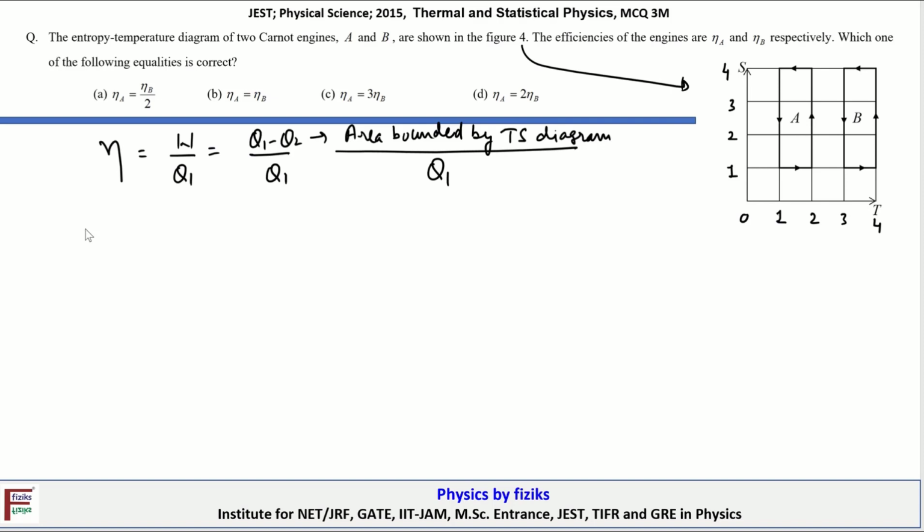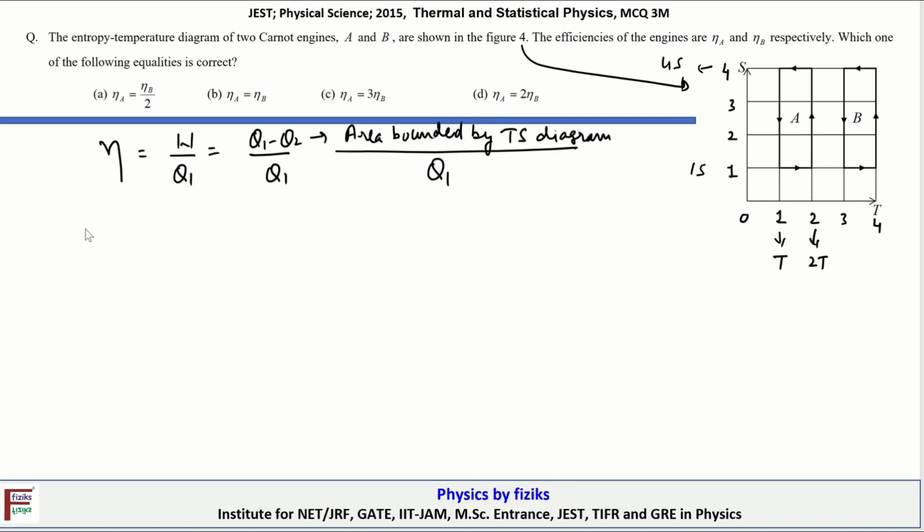So here if we just take a look at the TS diagram for the engine A, the upper line corresponds to a temperature of 2T, and this corresponds to a temperature of T. Similarly, along the entropy axis, the upper point is 4S, and here corresponding to this line it is 1S. So now we can quickly determine the area which is bounded by the TS diagram for engine A.